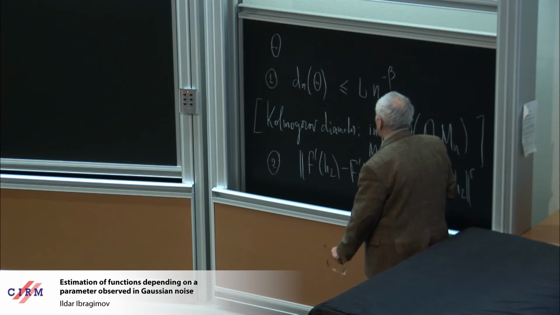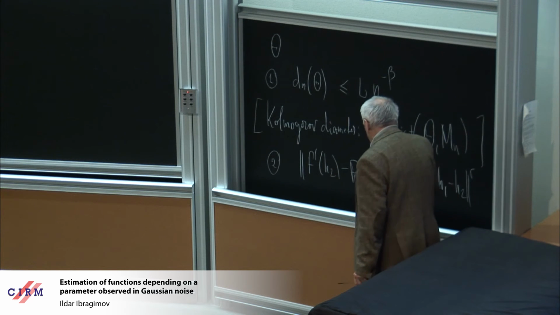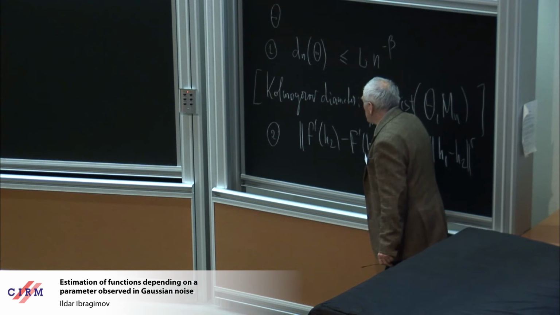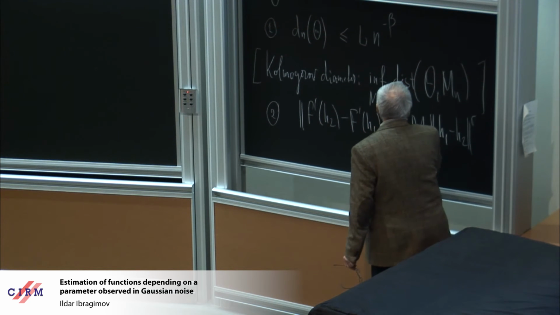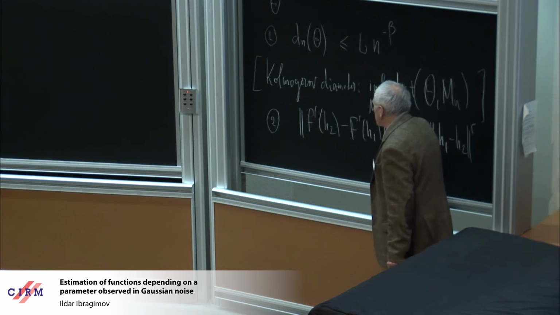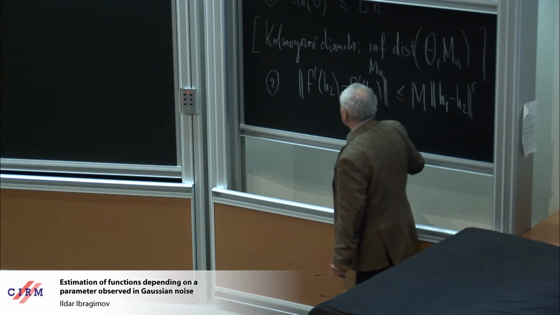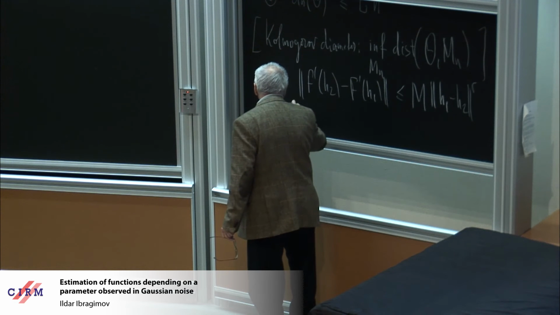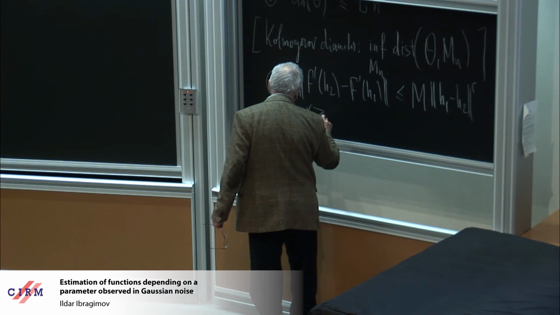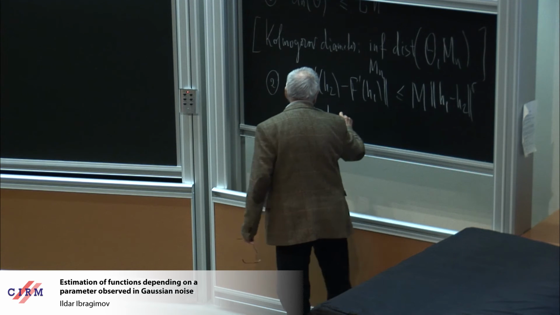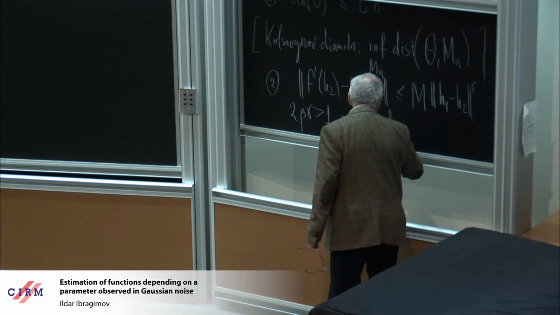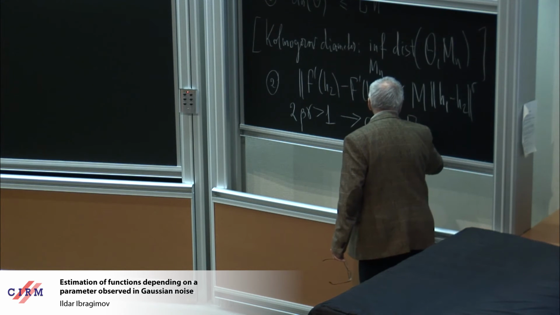And then we have proved that if between beta and gamma there is such a connection, beta gamma greater than 1, then an asymptotically efficient estimate of f exists.